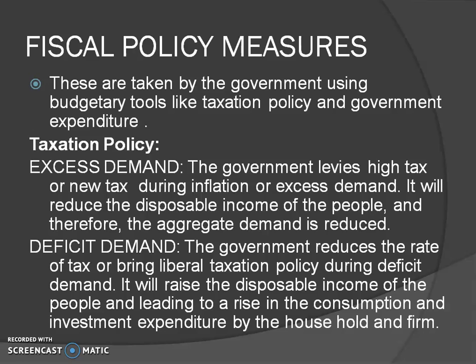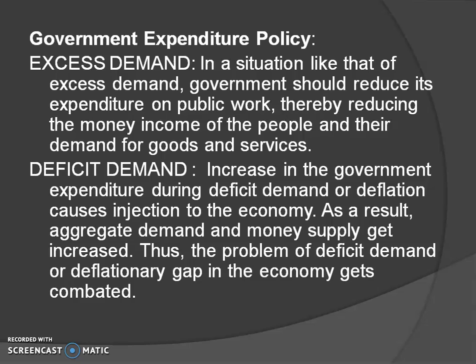Then the second tool of fiscal policy is government expenditure policy. In a situation like excess demand, government should reduce its expenditure on public works like construction of dams, roads, buildings, etc., thereby reducing the money income of the people and their demand for goods and services.